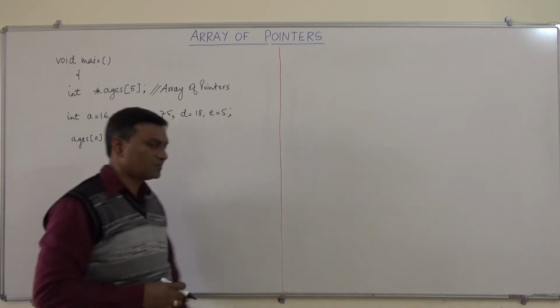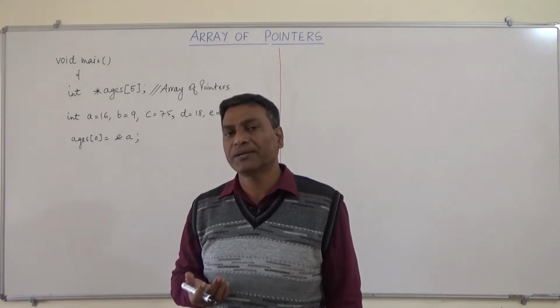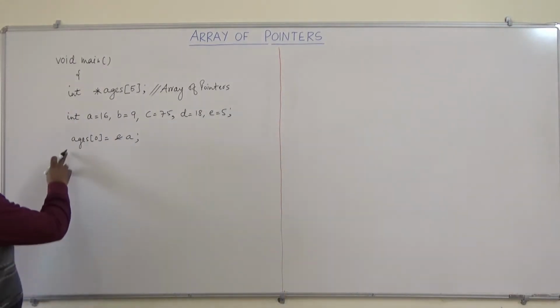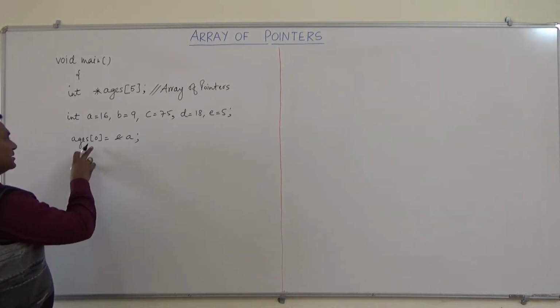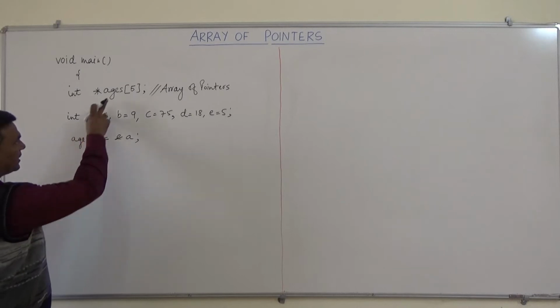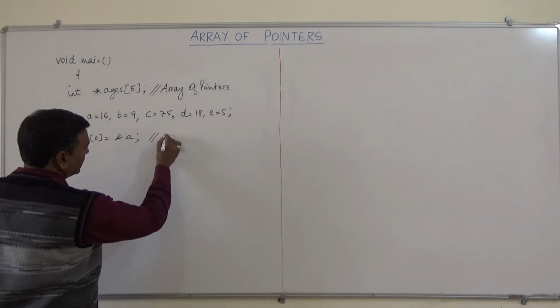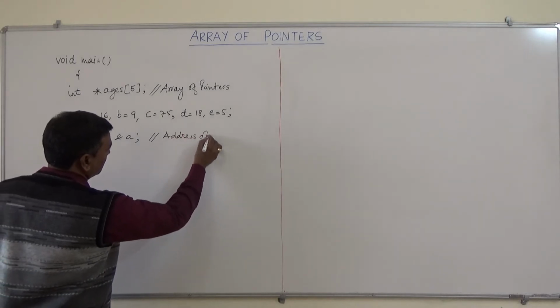Because ages 0 will hold the address of some variable of integer type. So here we have given ages 0 is ampersand a, or we can say here we are using the first pointer variable which will hold the address of a.